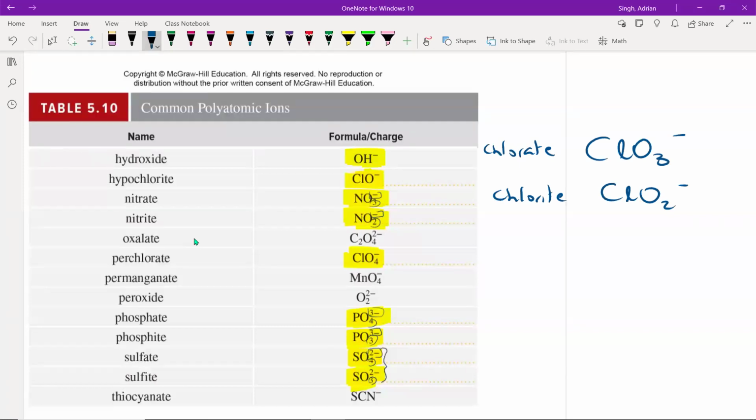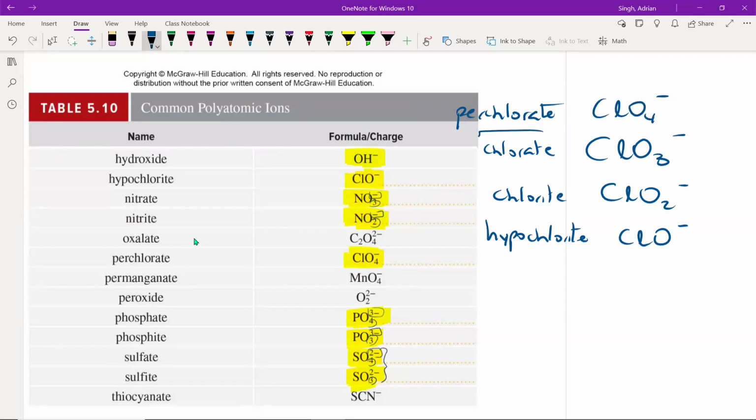If we keep taking away an oxygen from chlorite, we end up with hypochlorite, which is ClO with a minus charge. If we take the chlorate, we add one more oxygen, we have hyperchlorate, I'm sorry, my apologies, perchlorate, which is ClO4 with a minus charge.